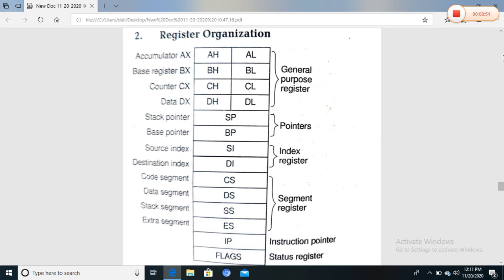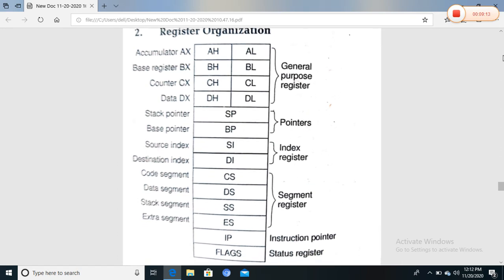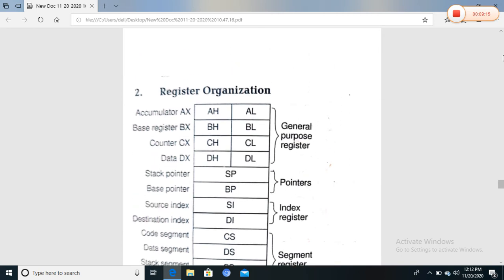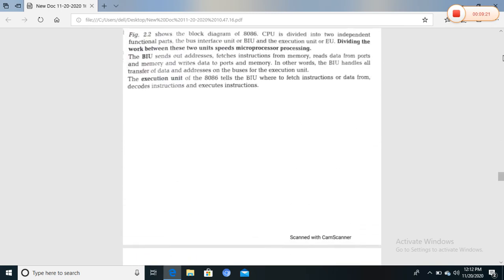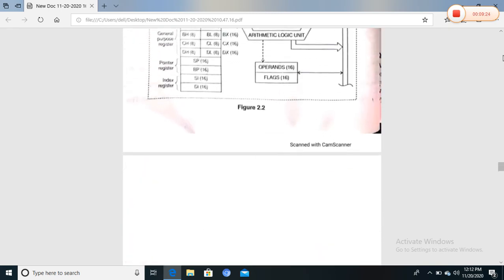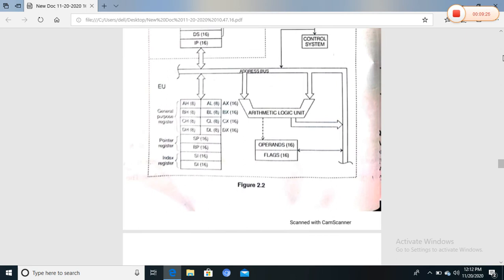Next is operands. This is the explanation of the total register organization, asked separately from the EU. One question asked is what is the EU, what are the blocks in the EU, and what is the function of the EU. In that architecture there are operands and another block, the ALU.